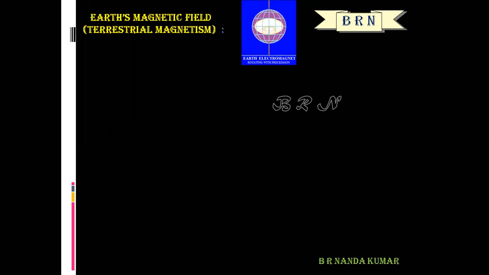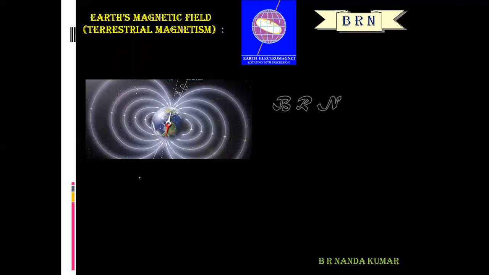Earth's magnetic field is produced due to the convective motion of molten iron and nickel in the outer core of the earth. Okay, actually that is called Earth's magnetism. What is the meaning of Earth's magnetism? Earth's magnetic field is produced due to the convective motion of molten iron and nickel in the outer core of the earth.